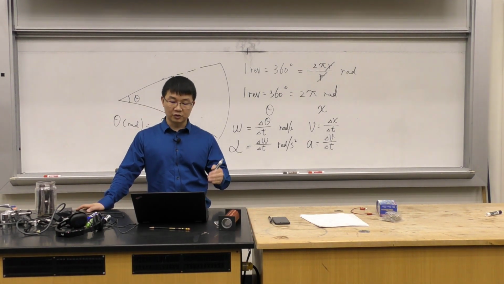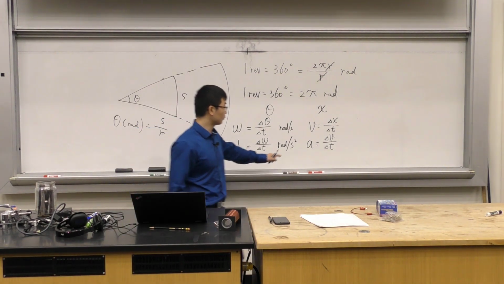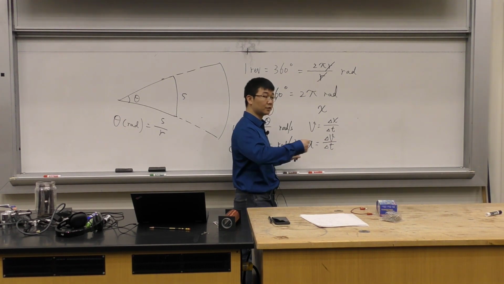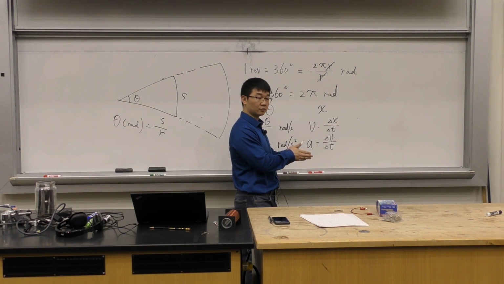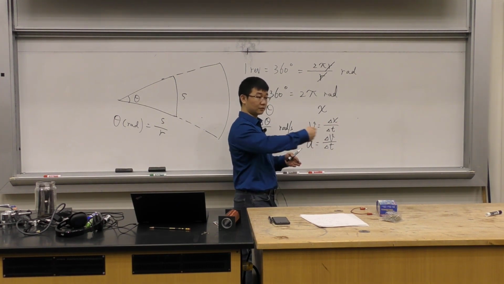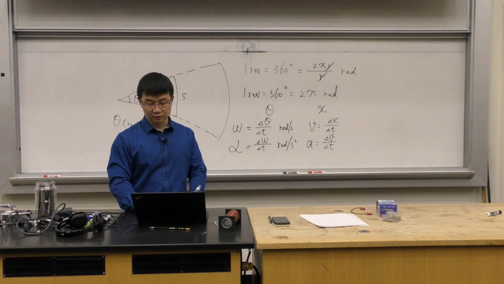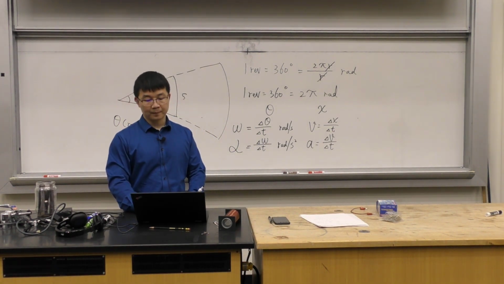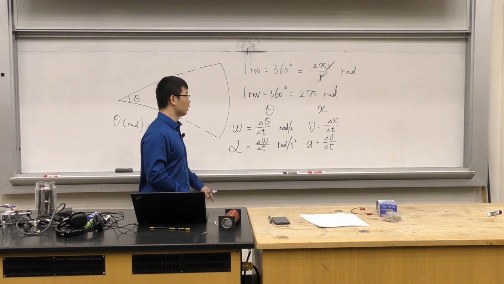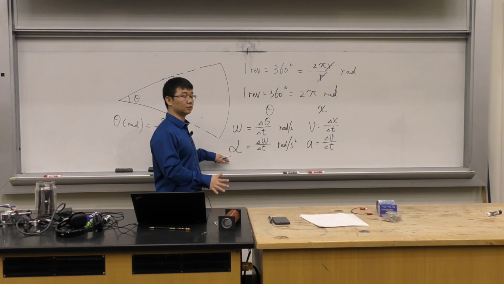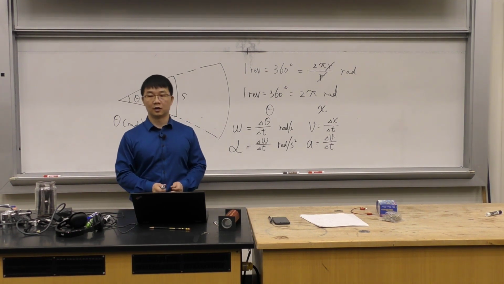If the velocity is decreasing, the acceleration is opposite to it, the same as the relation in linear motion. When something is accelerating, acceleration and velocity are in the same direction; when something is slowing down, acceleration is in the opposite direction. That's more intuitive than angular velocity. But in this class, we're still just going to focus on the magnitude. We don't need to worry about the direction. I'm going to stop here.